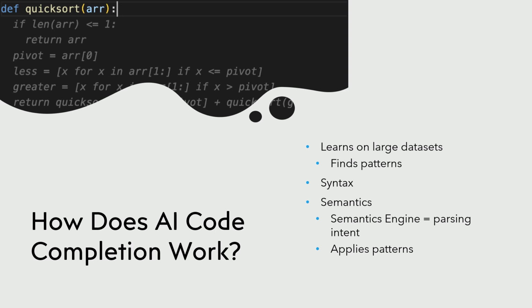This is similar to how Google does Google searches. Essentially, it receives an input and then it tries to parse intent. So it's trying to figure out what do you mean? What are you trying to do? And then it applies those patterns from the large data sets to speed up that process.